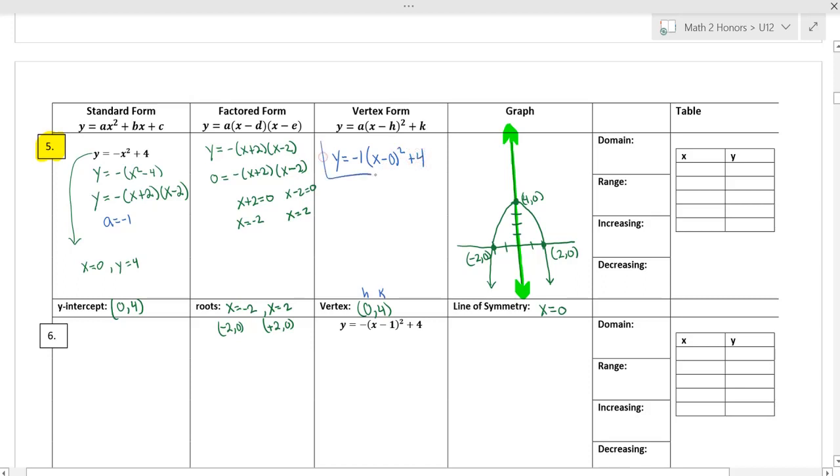And that would be vertex form. You can simplify that a little bit further down to y equals -x squared plus 4. That's also vertex form. It's important that you know that those are both the same thing. And in this case, again, the vertex form and the standard form are the same.